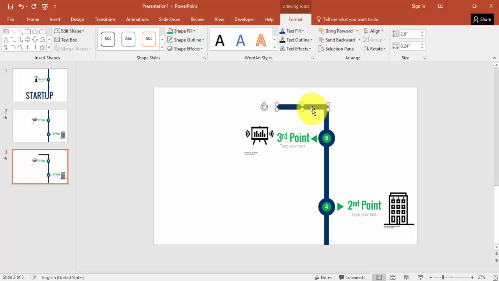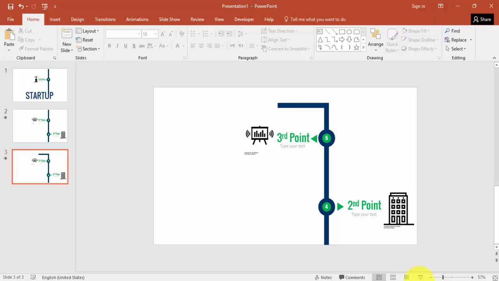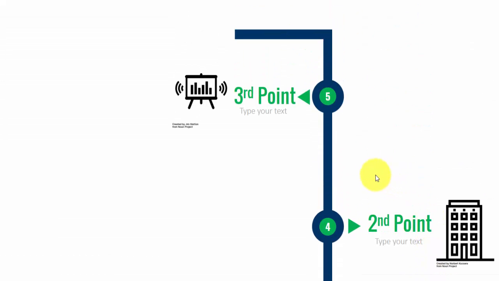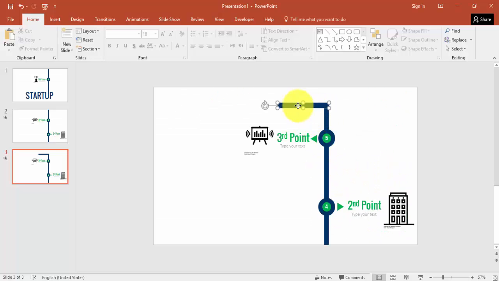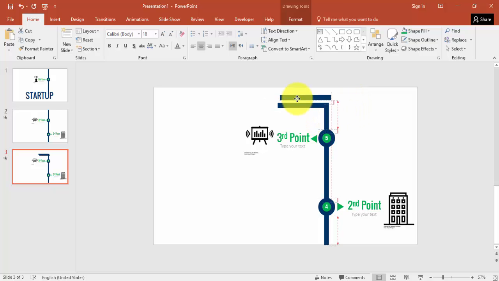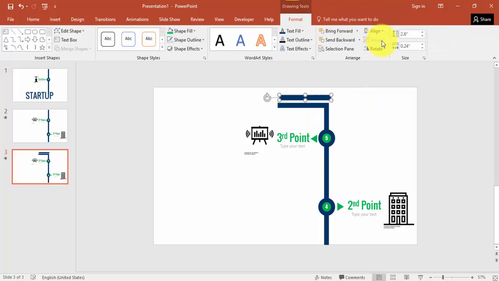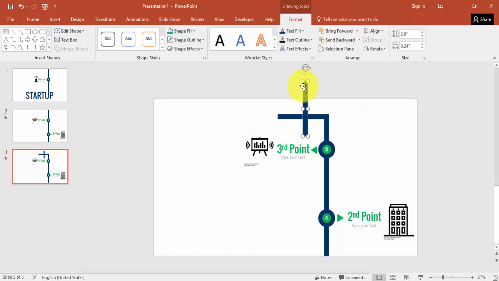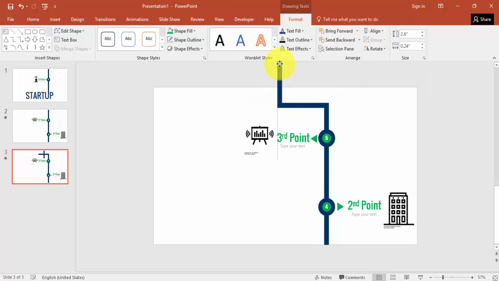The important thing here, friends, is the alignment, proper alignment. If you don't align properly, so again press Ctrl D, this one again I'm going to rotate 90 degrees and bring it here.